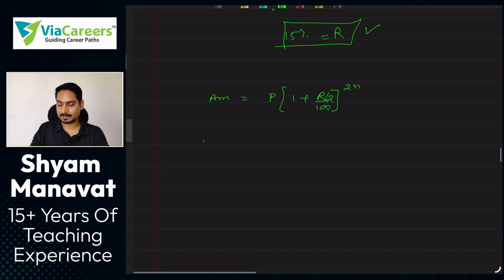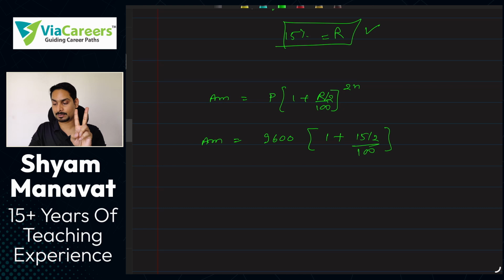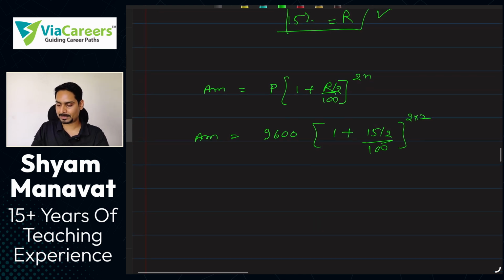So here the amount in this case will be principal, which is 9600, into 1 plus the rate, which becomes half of 15, that is 7.5, but let's keep it like this for now, raised to 2n. It is for 2 years, so 2 into 2 will become 4.